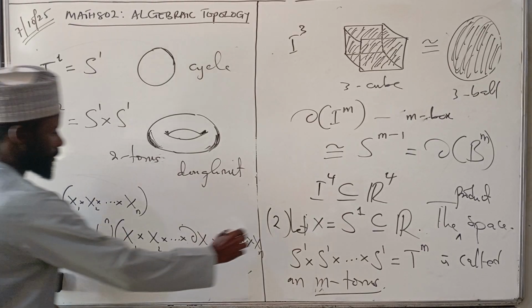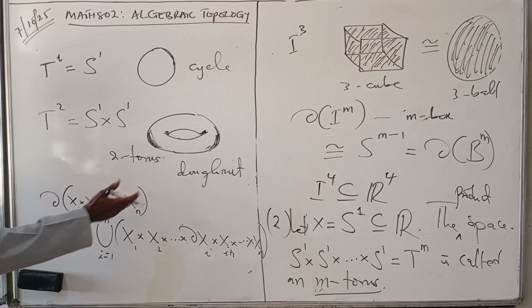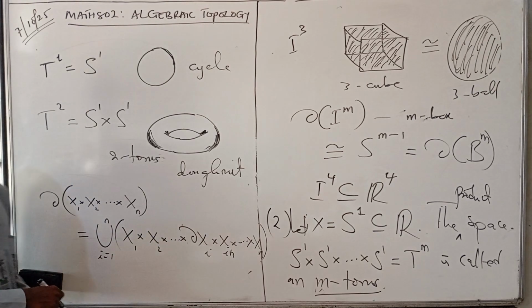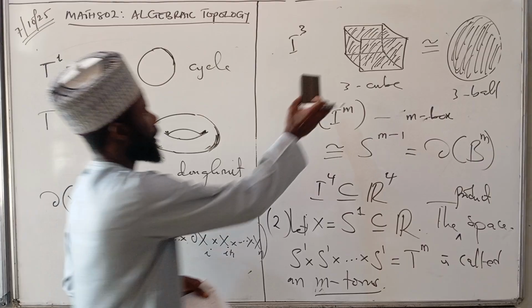I don't know if you understand what this is. Every time you arrive at i, you take the boundary in the Cartesian product. Let me just write it in.